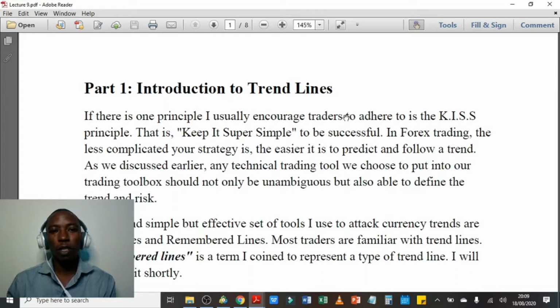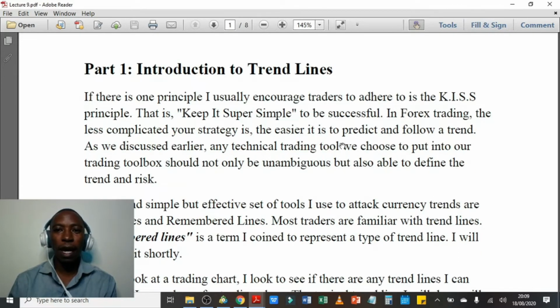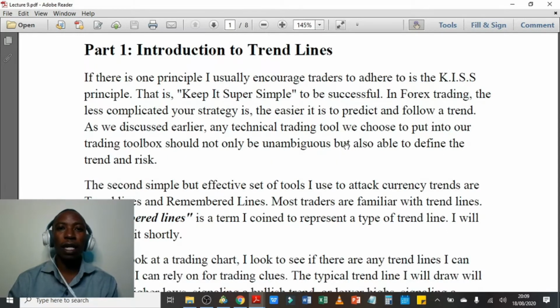If there's one principle I usually encourage traders to adhere to, it is the KISS principle. That is, keep it super simple to be successful. In Forex trading, the less complicated your trading strategy, the easier it is to predict and follow a trend. Many traders tend to complicate things.